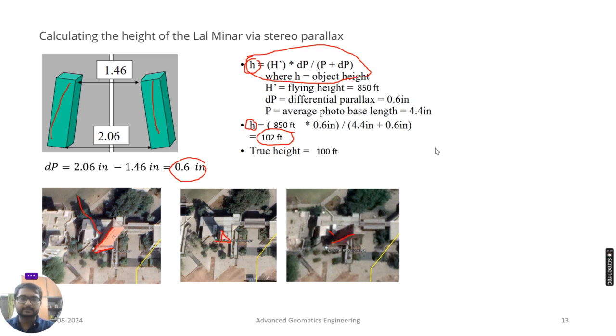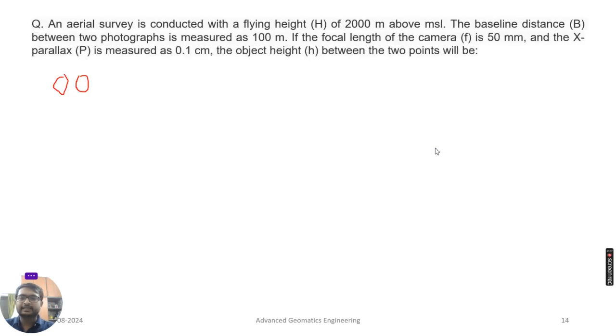The first method is to find out the height using the differential parallax concept, where we have been given the differential parallax and the height of the object, and we have to find out the true height. And the second concept is where we have been given the baseline distance between the two photographs.